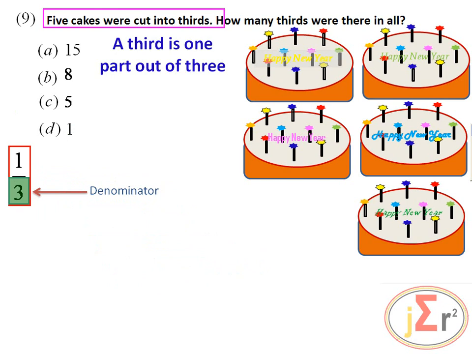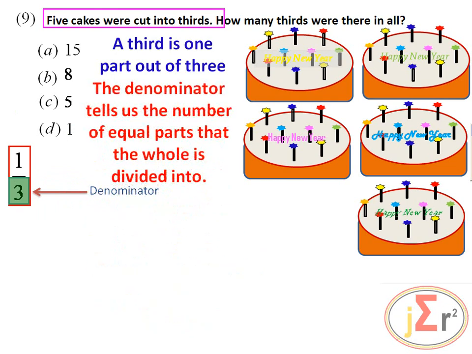The denominator is 3. The denominator tells us the number of equal parts that the whole is divided into. Let us divide each cake into 3 equal parts, because we have 5 cakes there.